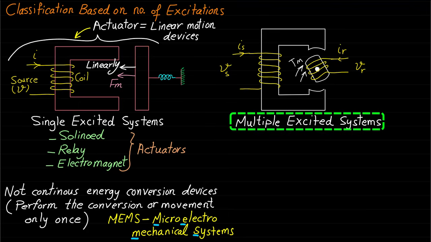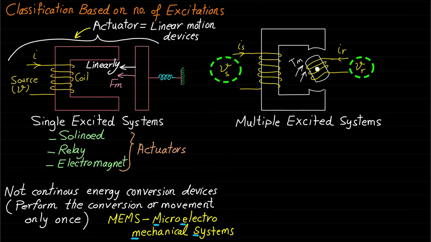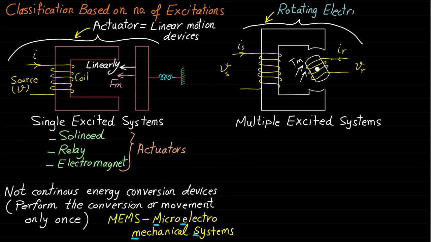Multiple excited systems means that the system has more than one excitation source or more than one excitation coil, as shown in this figure. This figure shows a simplified rotating machine which represents the fundamental concept of almost all the electrical machines.